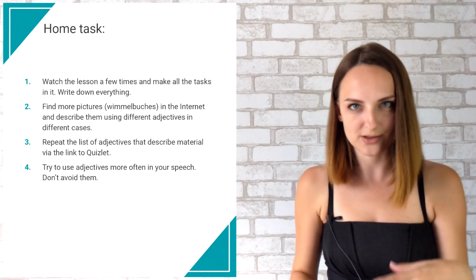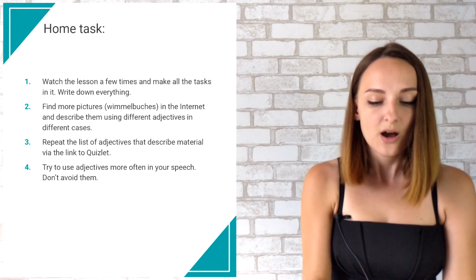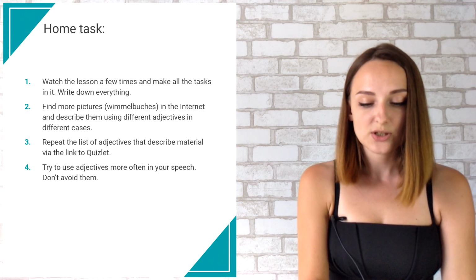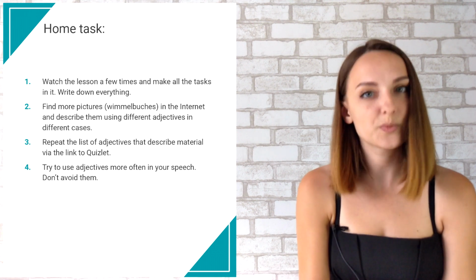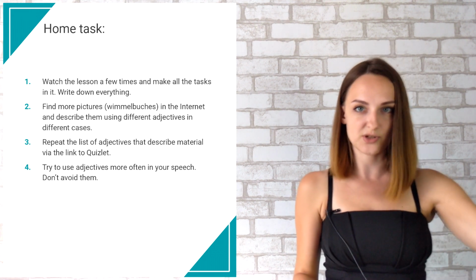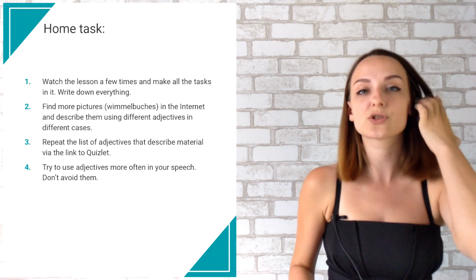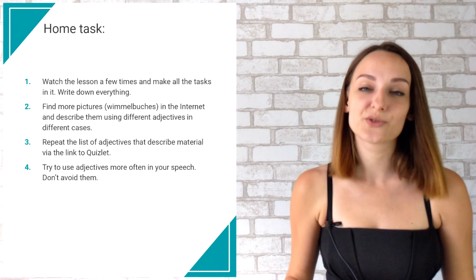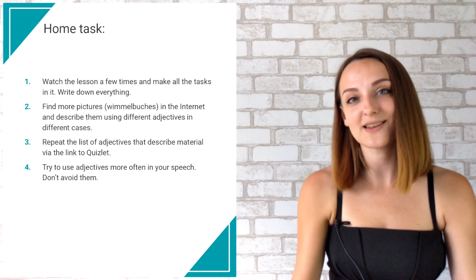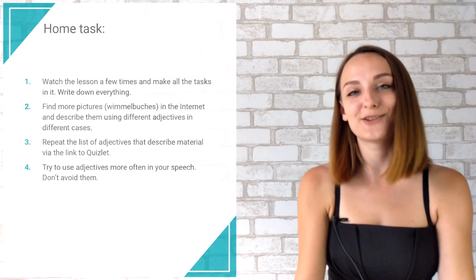You can go and practice there with flashcards. And as I said, do not avoid these adjectives. Describe different pictures, describe everything that surrounds you, and try to use it in different cases. It will be enough for you to learn these endings and to use them absolutely freely in your speech in future.